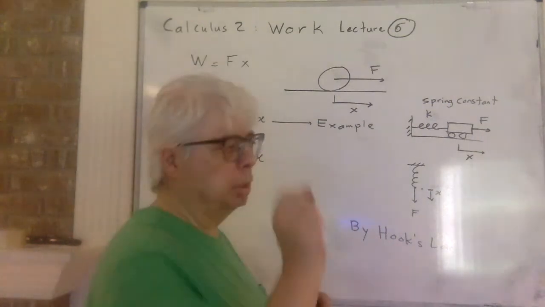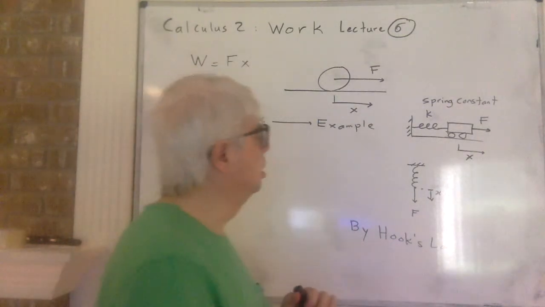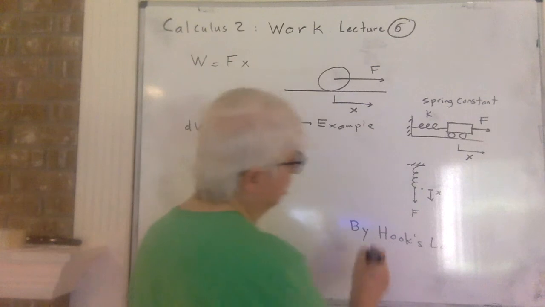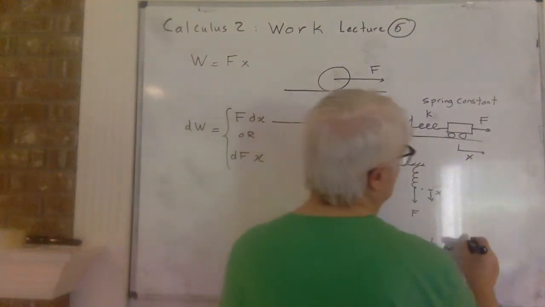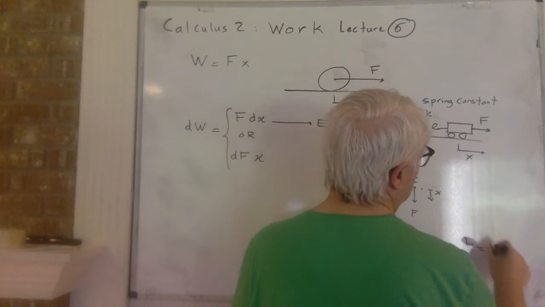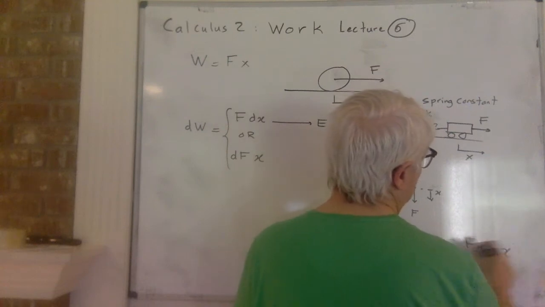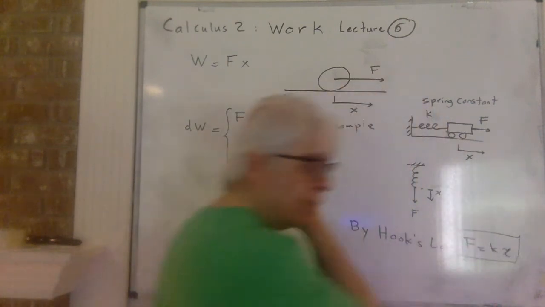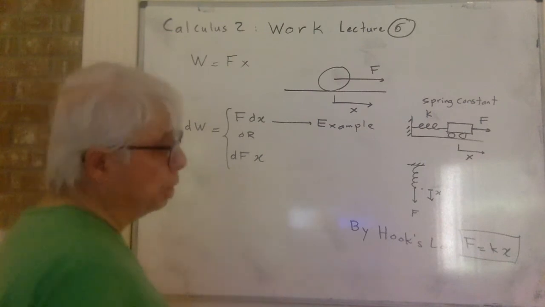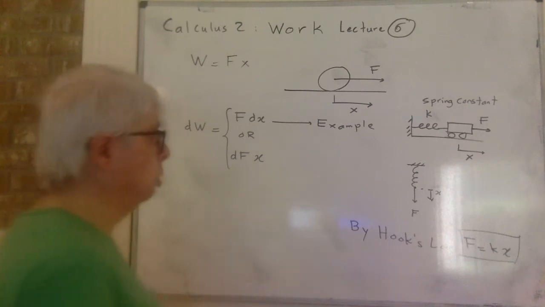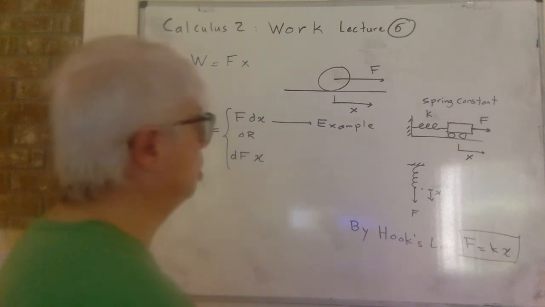But if it stays in that elastic situation, then this is the relationship: F is some constant times x. And that's the spring constant. If you buy a commercial spring, it should be written somewhere what the spring constant is.